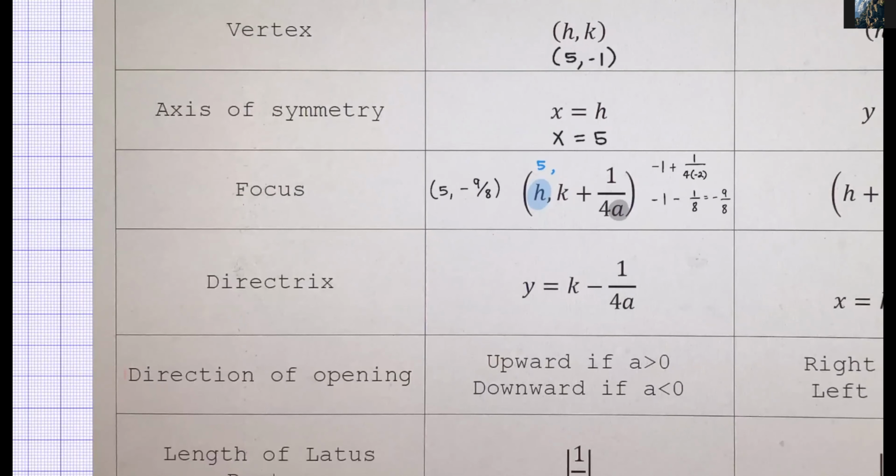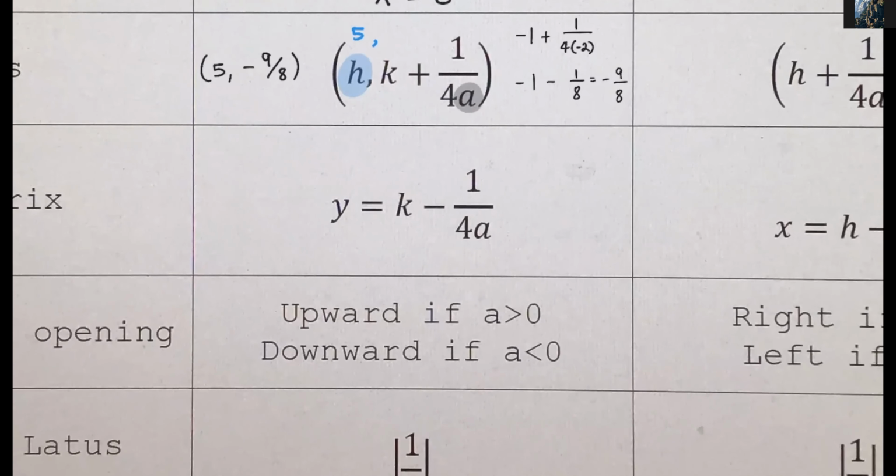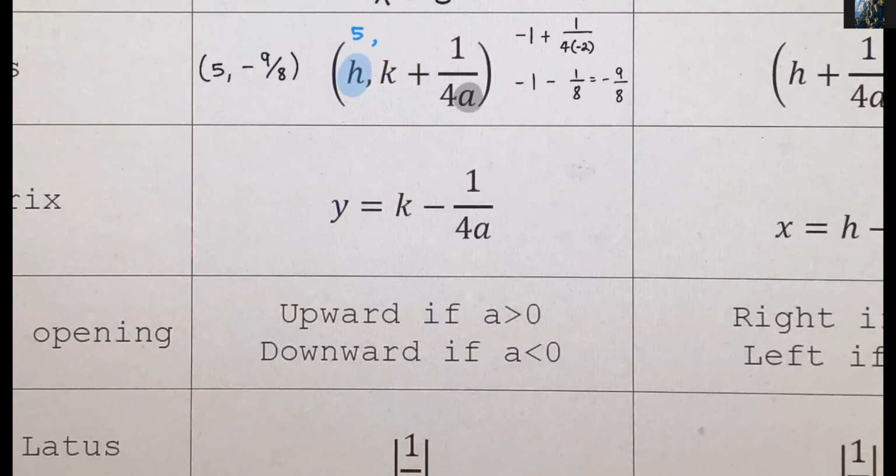Now I have my directrix. My directrix will be the line where y = k - 1/(4a). So in this case, I will have that y = -1 - 1/(4 × -2).